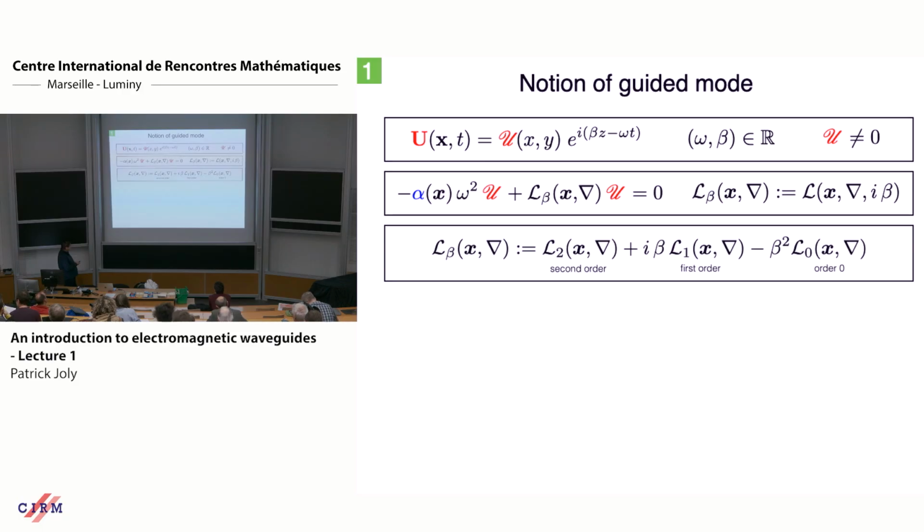Since the operator L is of second order, you can expand it in powers of beta, and each operator Lk is of order k, as indicated here.